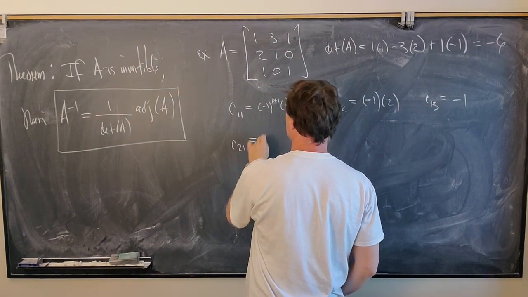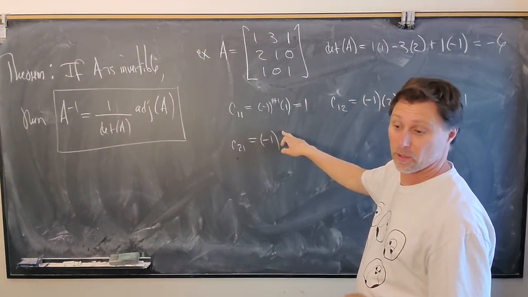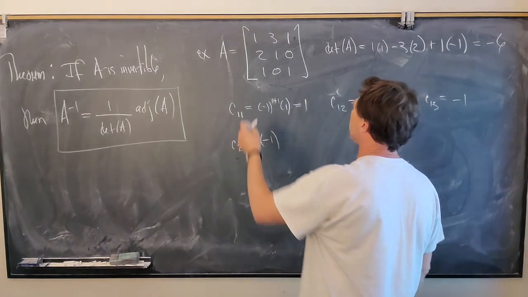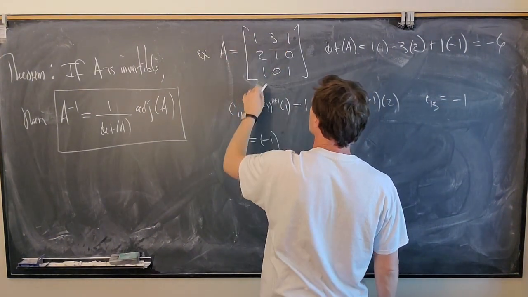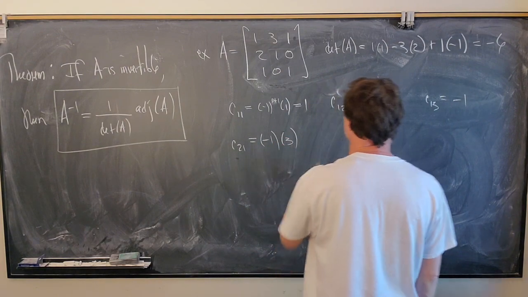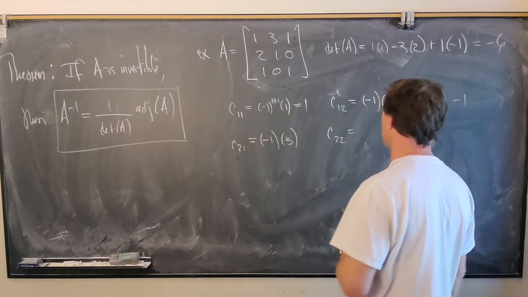Now C21 is going to be negative 1 raised to the 2 plus 1, so negative 1 to the third is a negative 1, times the determinant of the matrix that you get by deleting the second row and first column, and that looks like a 3. C22, negative 1 raised to the fourth power, so that's a 1.